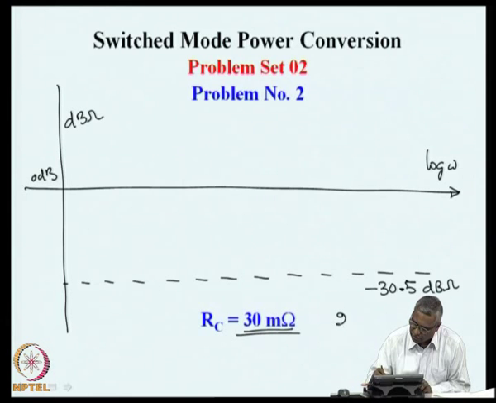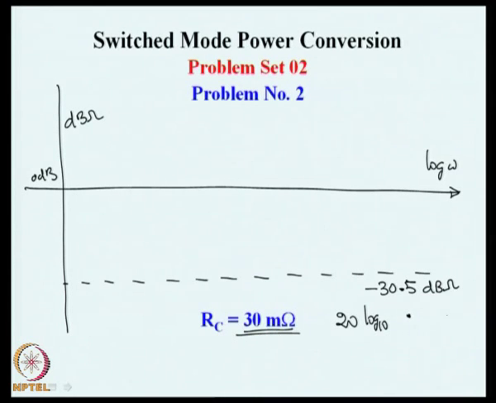This is 20 log to the base 10 of 30 milliohm, which is 0.03 ohm. If you evaluate, it turns out to be minus 30.5 dB ohm.